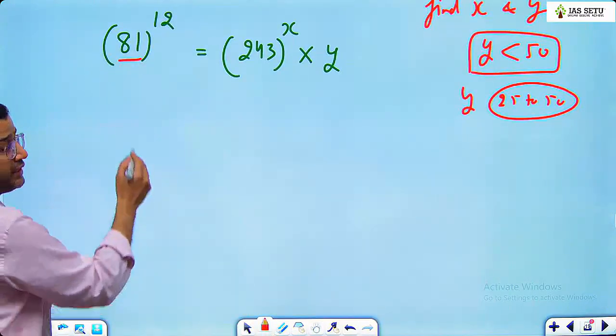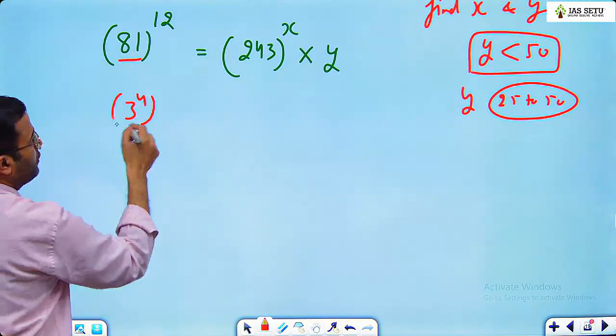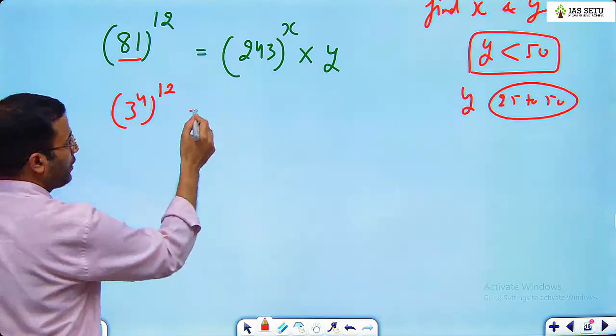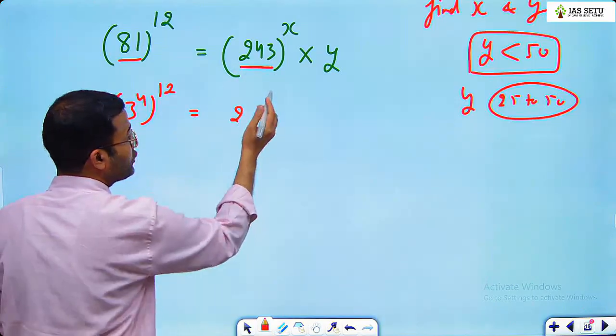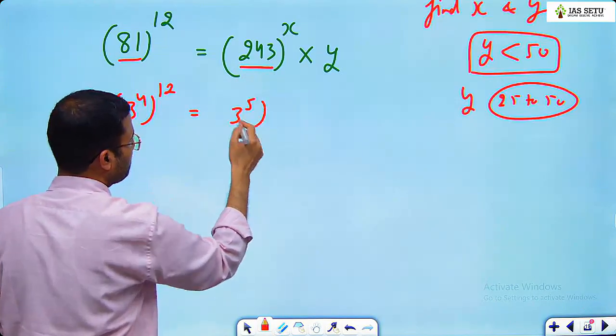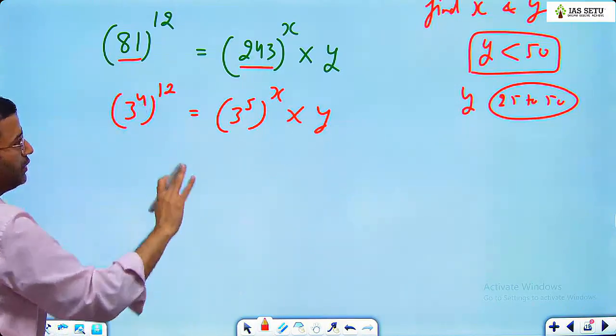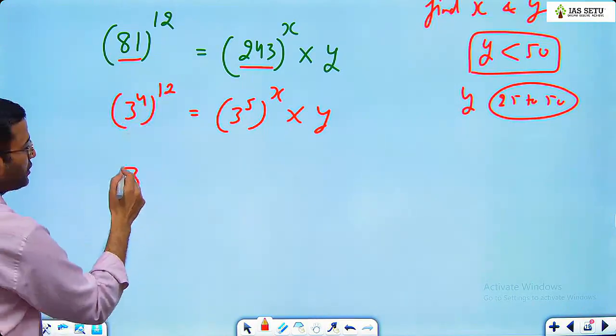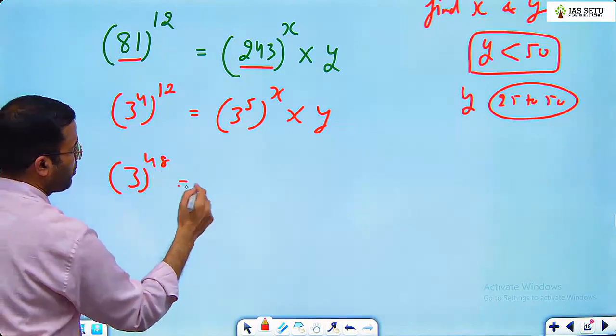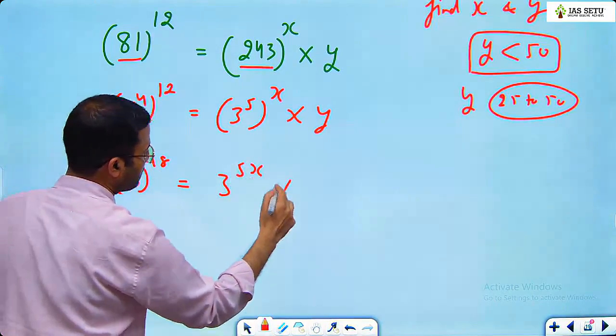Here 81 is 3 to power 4, this is 12. This 243 is actually 3 to power 5, x into y. y को सबसे बाद में देखेंगे, depend on y. What is this? 3 to power 48, 3 to power 5x y.